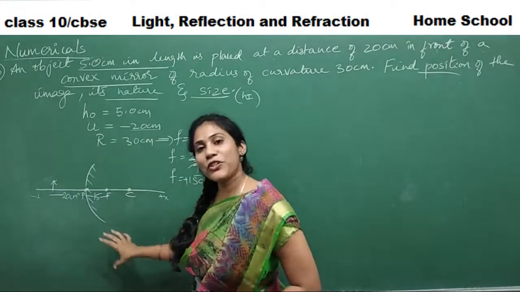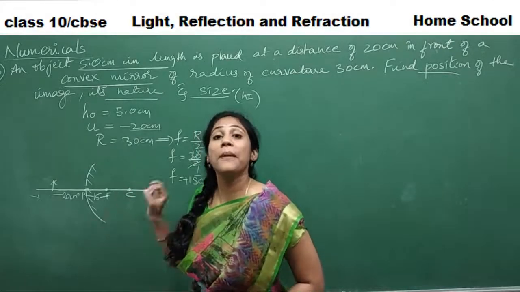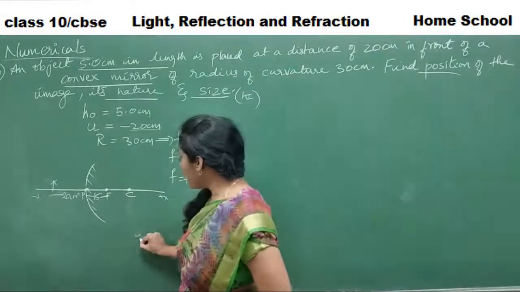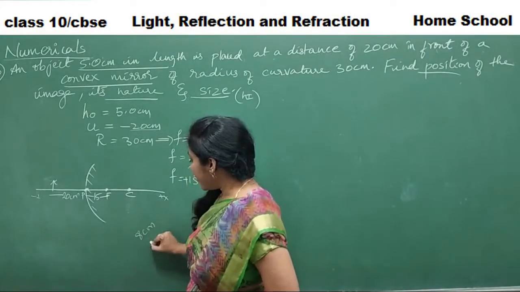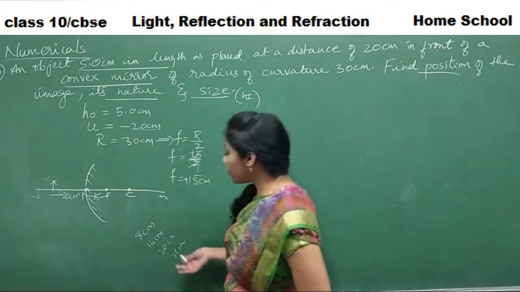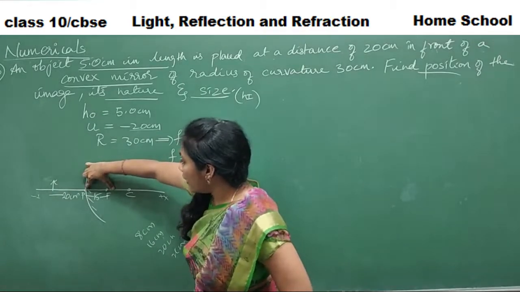This guesswork is also important, and this will help to solve MCQs easily. Say for example, in the MCQ they have given 8 centimeter, 16 centimeter, 20 centimeter and 25 centimeter. Which option do you select? Your answer definitely is between pole and focus.